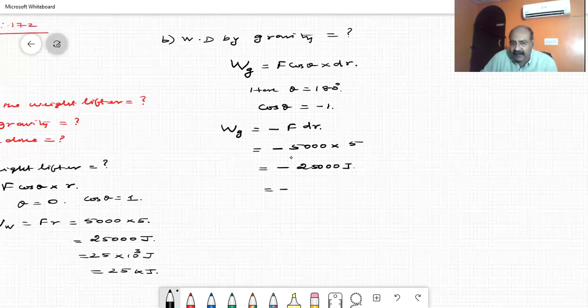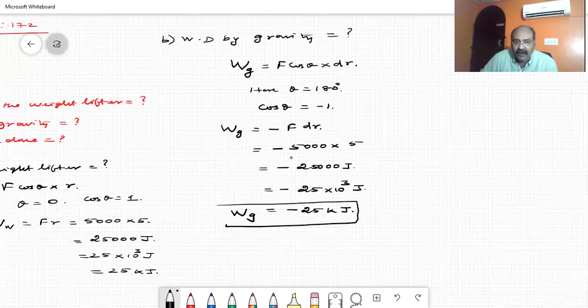Or I can write minus of 25 into 10 to the power of 3 joule, or minus of 25 kilojoule, is considered to be the work done by gravity. The negative sign indicates that the displacement is made against the direction of action of the gravitational force.